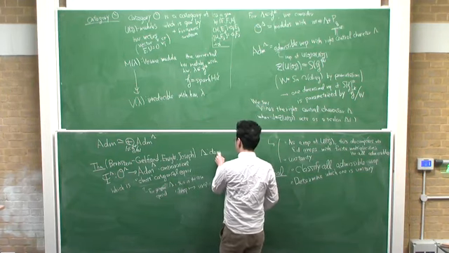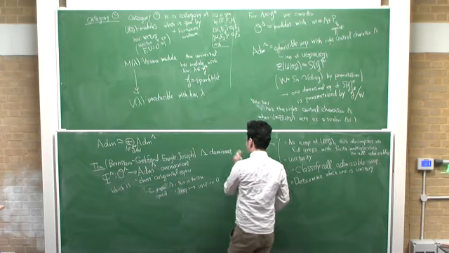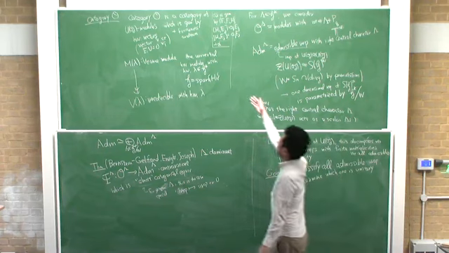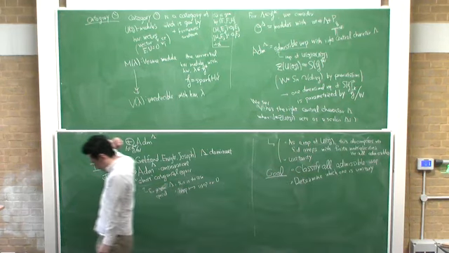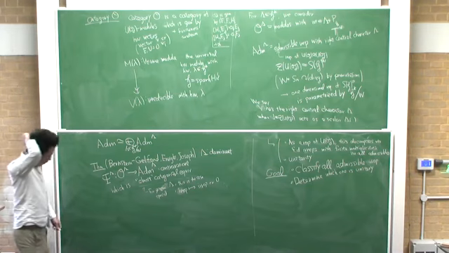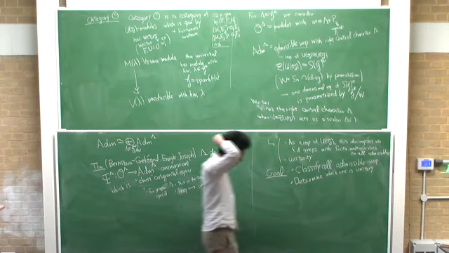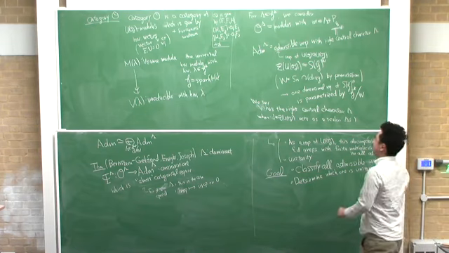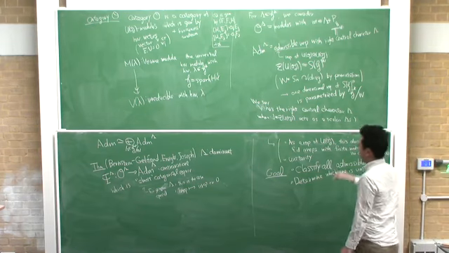I forgot to tell this. The H star has a natural ordering on the real part. Let me illustrate this in the case of SLN.